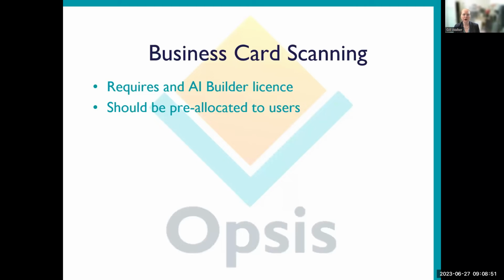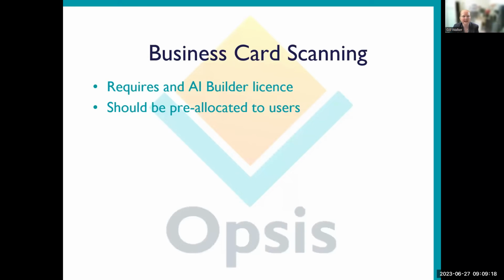For that to work, you do require an AI builder license. And once you've got that, the AI quota, the number of business cards that each user can use, should be pre-allocated to particular users.